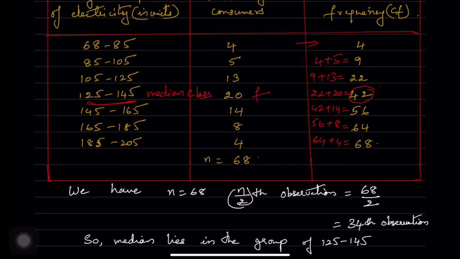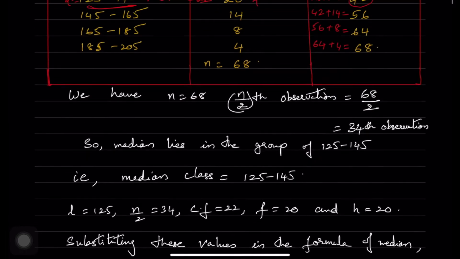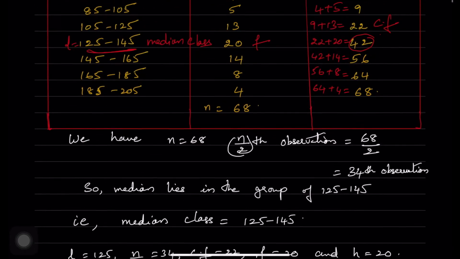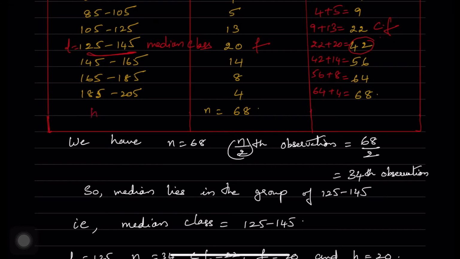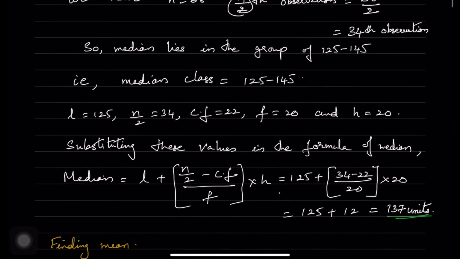This is the frequency f, the cumulative frequency is 22, and L is 125. Our h is equal to 20, because the width of this class is 20. Whether you take 205 minus 185 or 185 minus 165, the difference is 20.